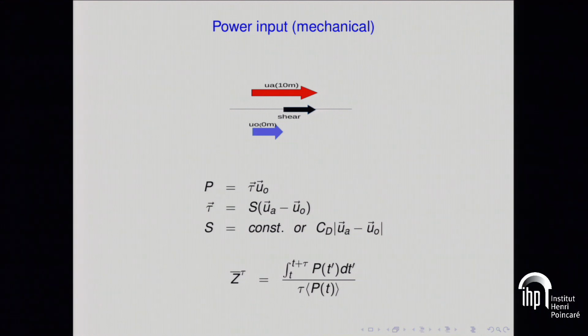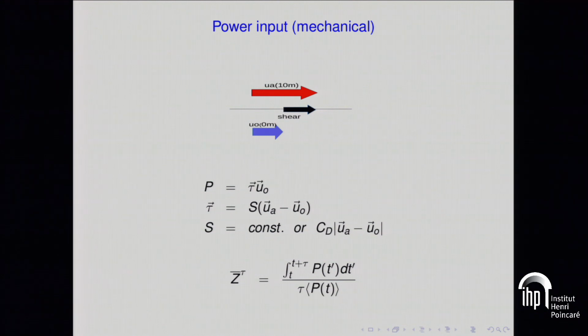The shear in the linear version would be S times the difference between the atmospheric wind and the ocean velocity. And S is a constant, but you can also use the coefficient C_D instead of S, times the difference between the velocities. So you have a quadratic friction law, which doesn't change much in the results.